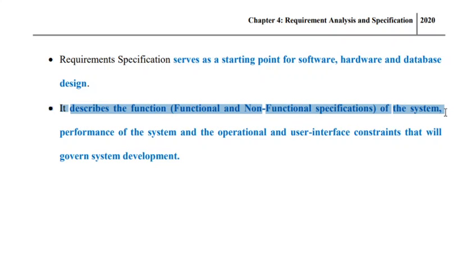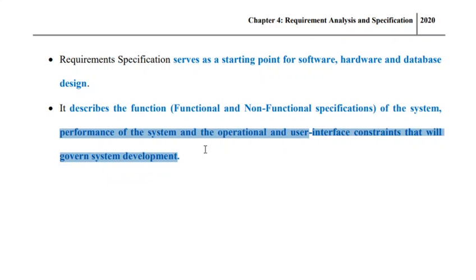Whenever you're trying to create a specification document, it emphasizes three important aspects: the functional aspect, the non-functional aspect, and the limitations or constraints within which the system is expected to exhibit behavior. The performance of the system, the operation, and the user interface constraints that will govern the system development will also be incorporated into the software requirement specification document.